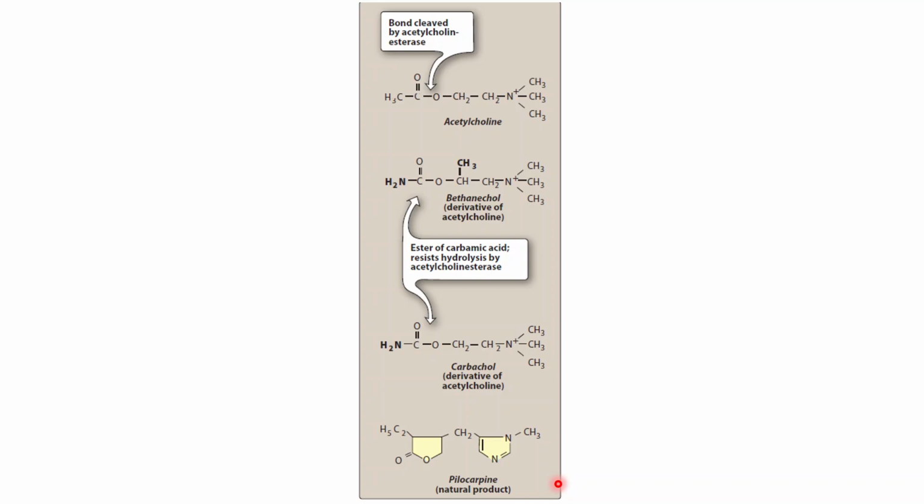In glaucoma, pilocarpine is used as a drug of choice for emergency, for lowering the intraocular pressure, and is effective in both open angle and closed angle glaucoma.